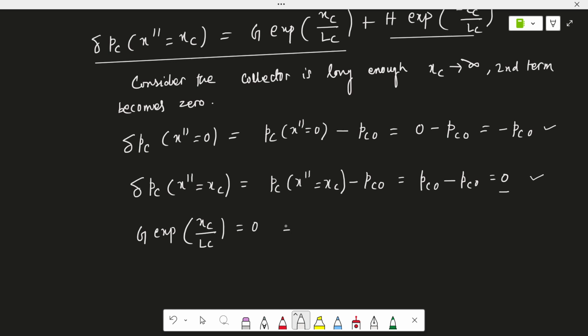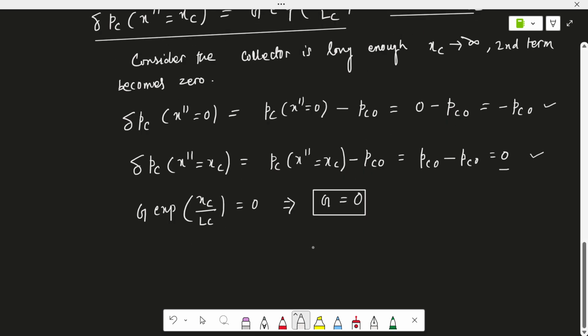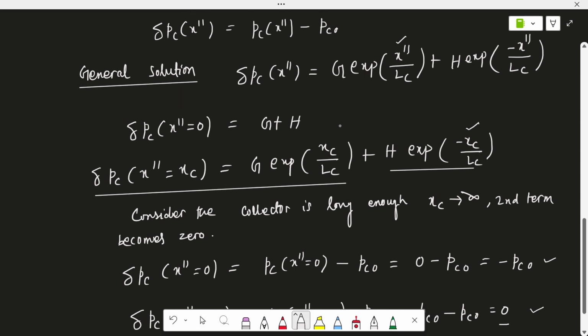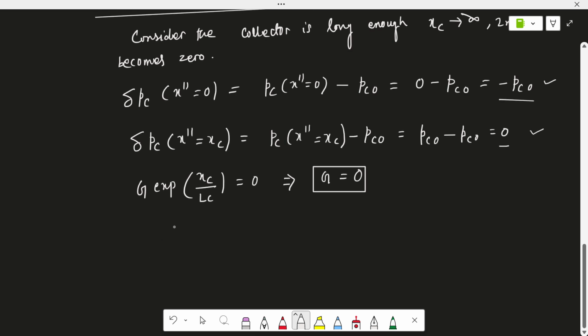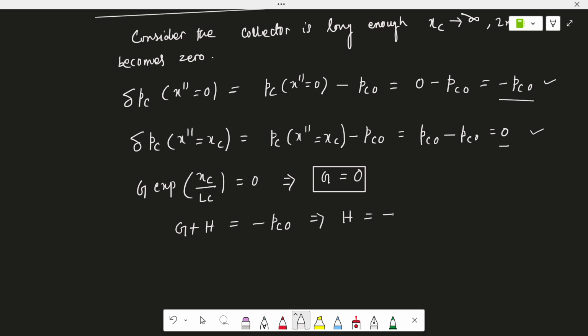That clearly means g equals 0. Then if you substitute here, ΔPc at x'' equals 0 is g plus h, and that is equal to minus Pc0. So substituting g plus h equals minus Pc0, this implies g is 0, so h equals minus Pc0.